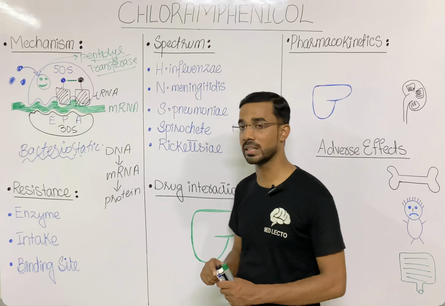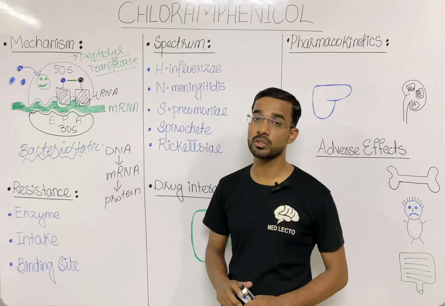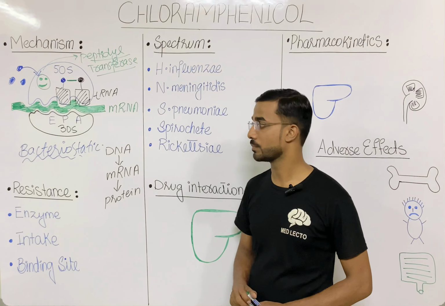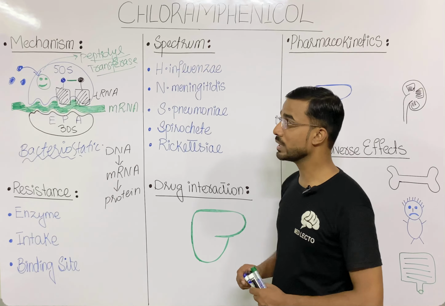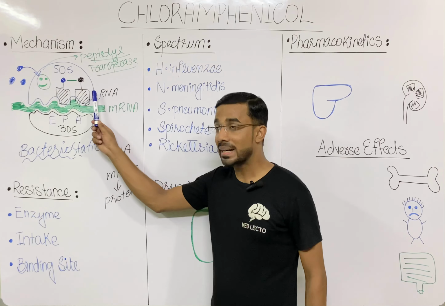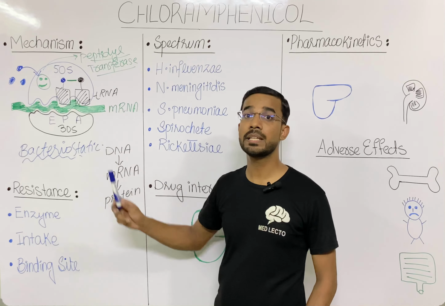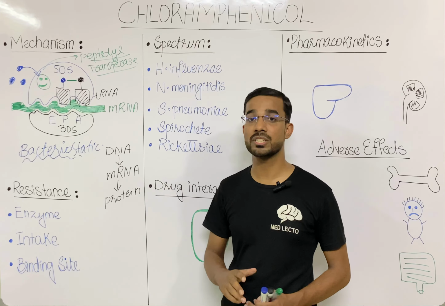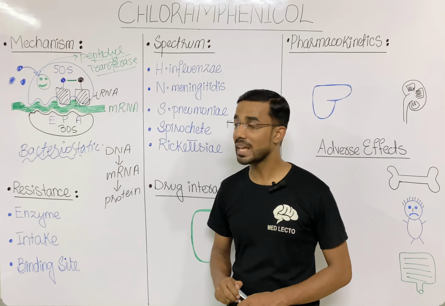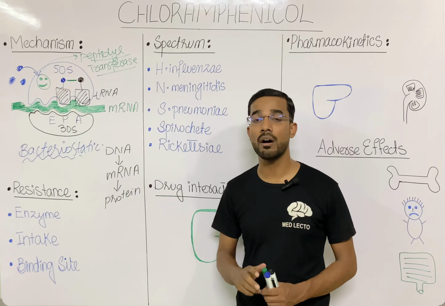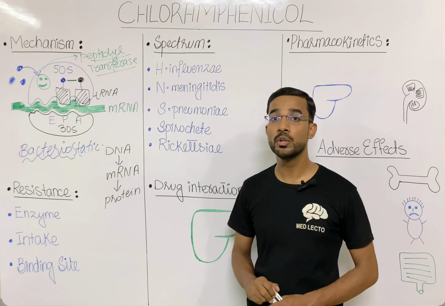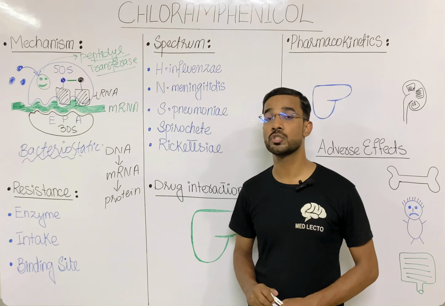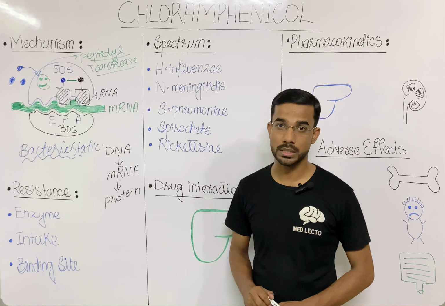That is the important thing: chloramphenicol can act as both bacteriostatic and bactericidal. Another important thing: the bacterial ribosome and the human mitochondrial ribosomes are similar. So chloramphenicol can also affect the human mitochondrial ribosome, due to which you can see bone marrow toxicity.